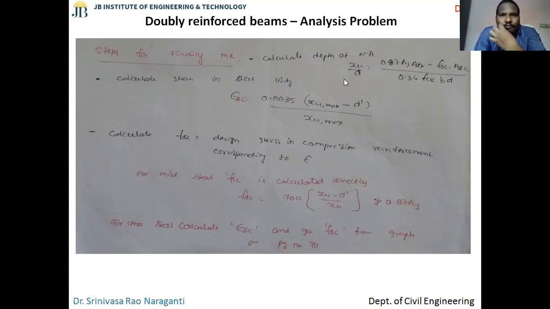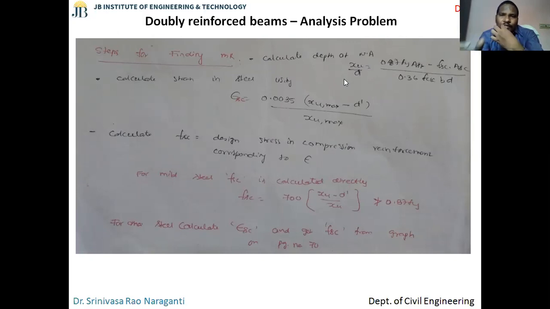Sir, why do we take AST1 and AST2 when we can provide only one AST? We provide only one AST, but the way we compute it is we divide it into two parts, because we want to find the total. That's how the analysis is done. The design moment is more than that of a balanced section. So we find the area of reinforcement required for a balanced section in one part.